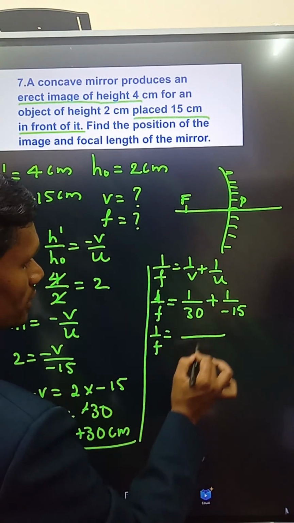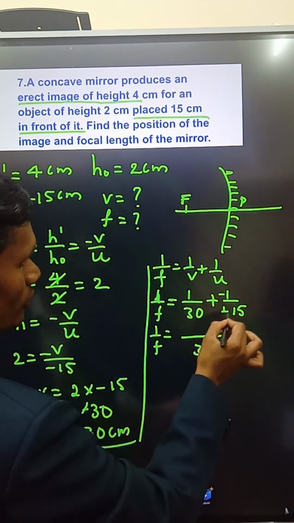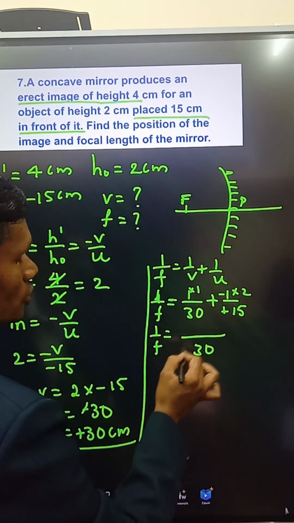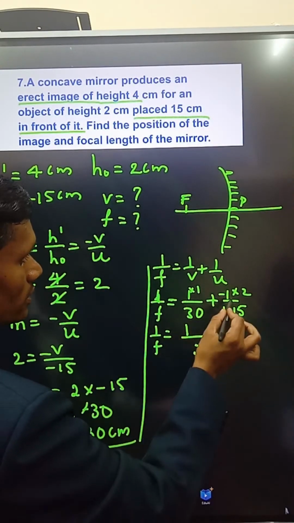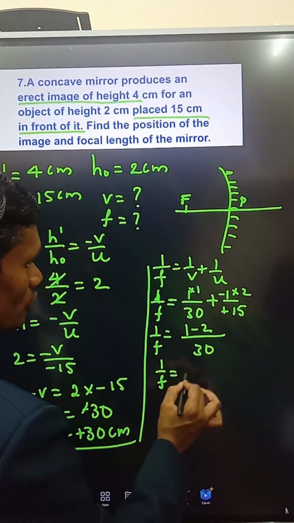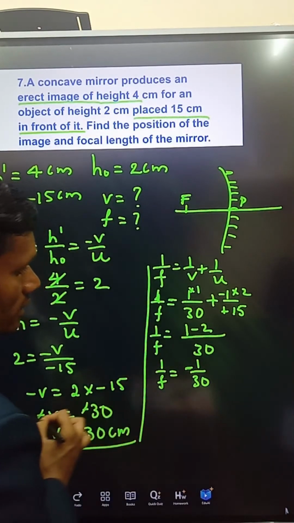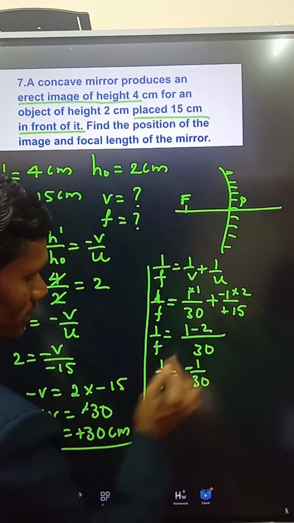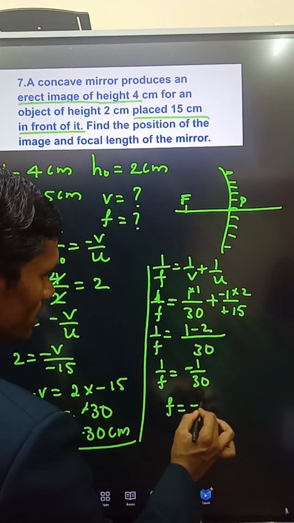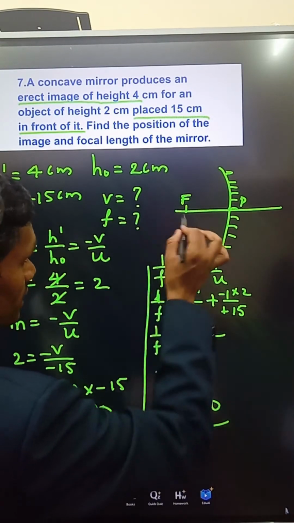You find the LCM, you will get 30. 15 into 2, 30 into 1. So what do we get here? This becomes 1, this is minus 2 into 1, which is minus 2. So 1 by F will be equal to minus 1 by 30, because 1 minus 2. So F is equal to minus 30 you are getting, right? F is minus 30. It is correct.